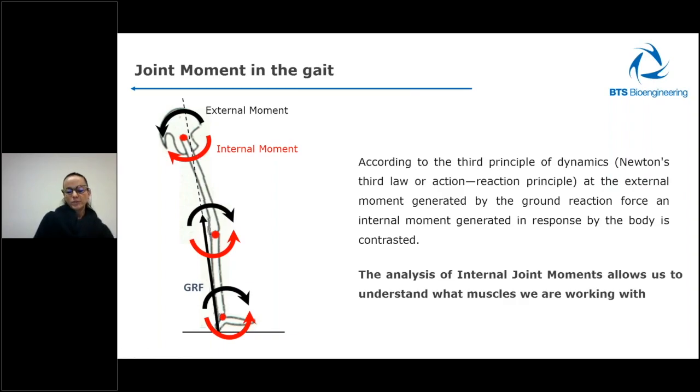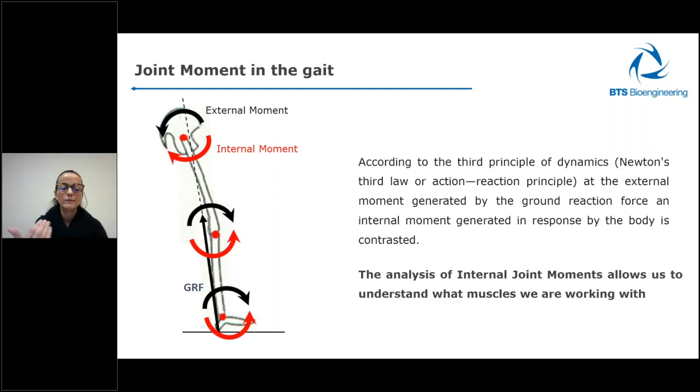It's important to underline that the moments that are reported on the gait analysis report are internal moments, because from the clinical point of view, it's useful to understand with which muscles the patient is working.